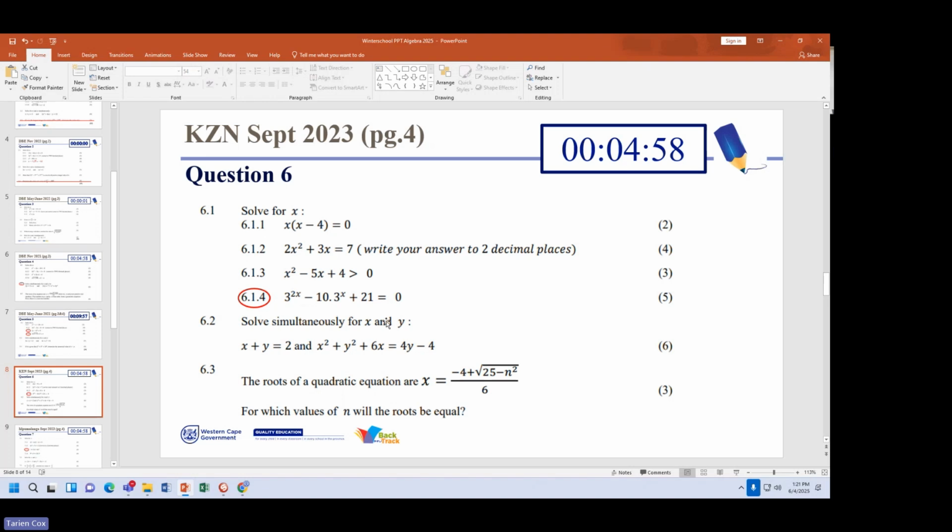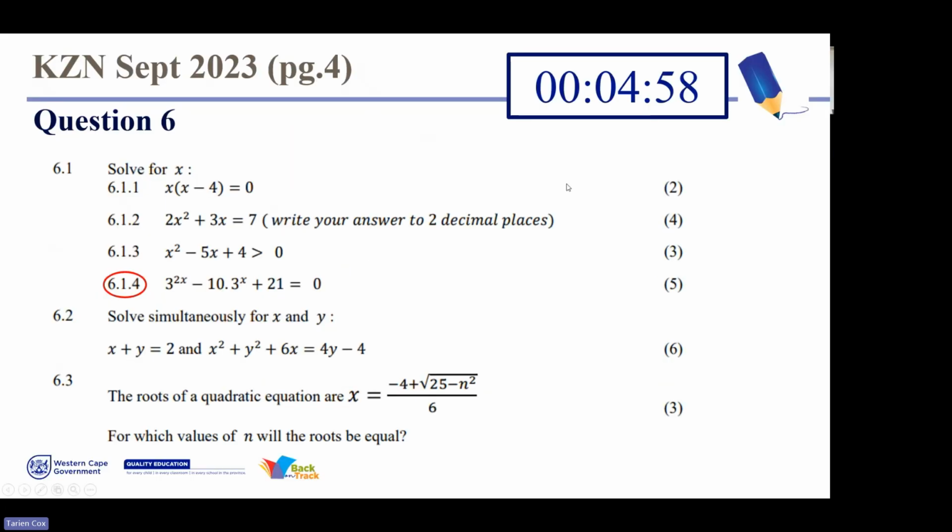So I will do that and then I will come back to other questions just now. It already only has a 5-minute timer, so I will give you 5 minutes to complete question 6.1.4. Thank you, great class.